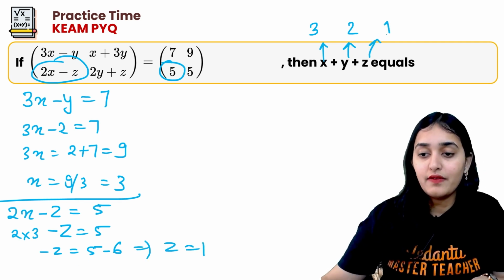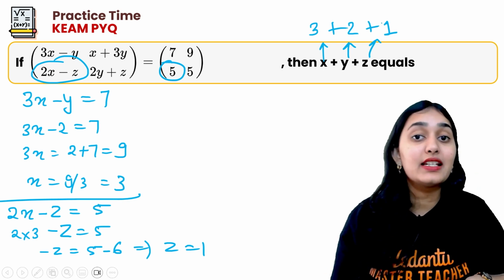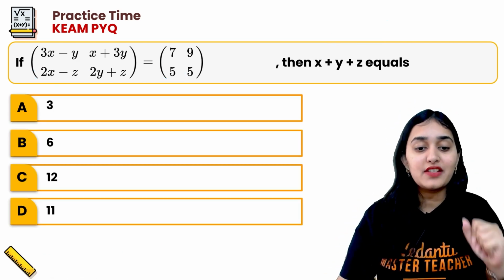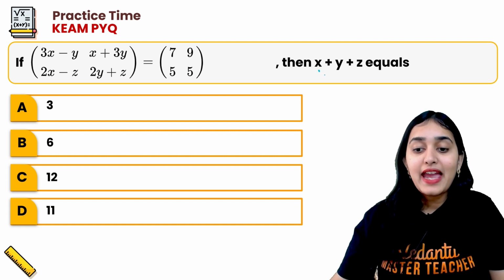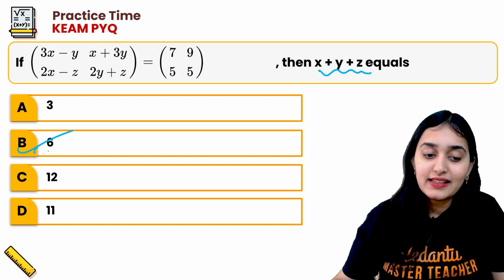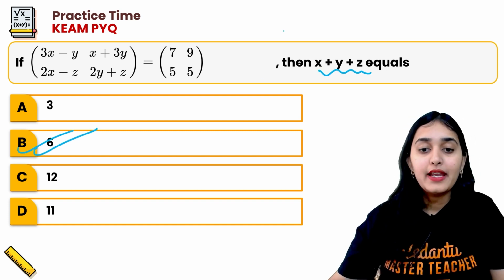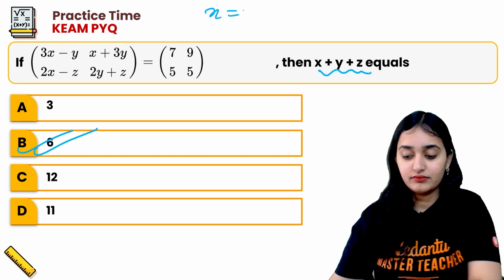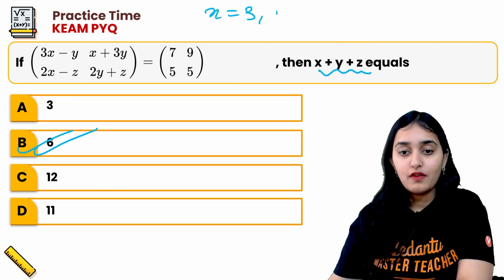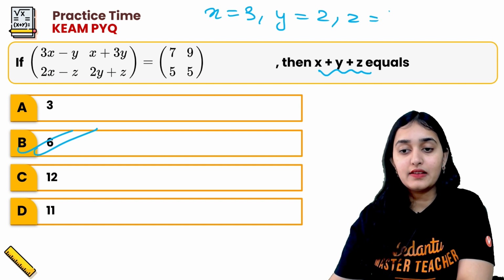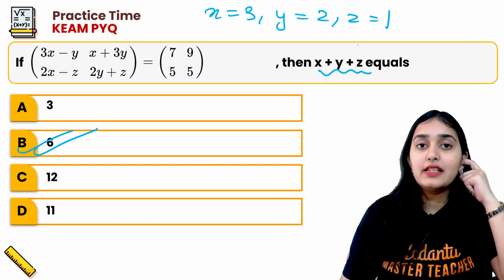So x is 3, y is 2, z is 1. So 3 plus 2 plus 1 is 6. So x plus y plus z is 6.